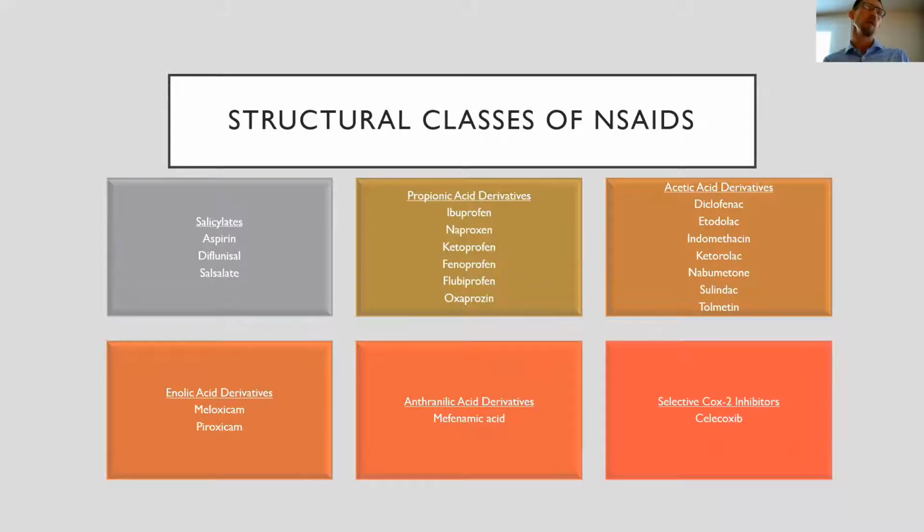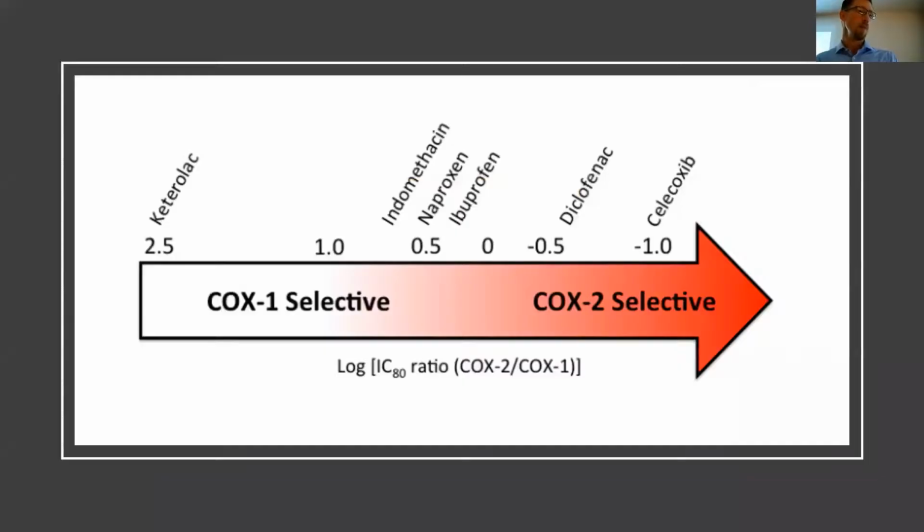However, more recently, with the advent of the COX-2 selective NSAIDs, there's some thought about categorizing NSAIDs based on their COX selectivity, whether they're going more for COX-1 versus COX-2. This is a somewhat helpful graphic.